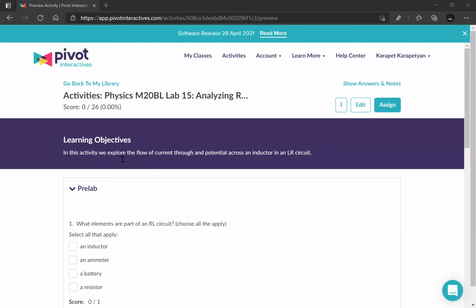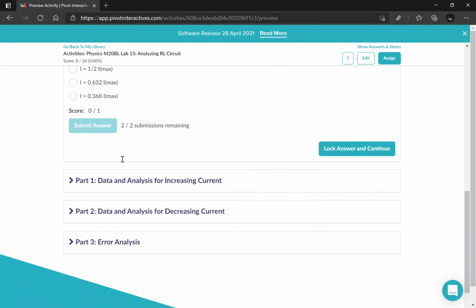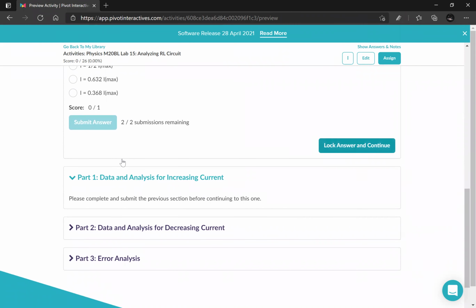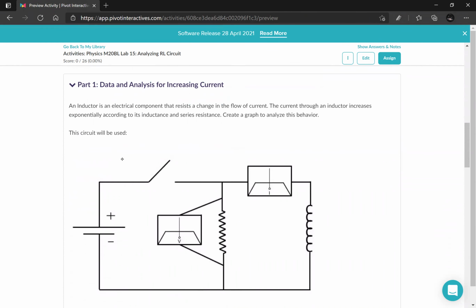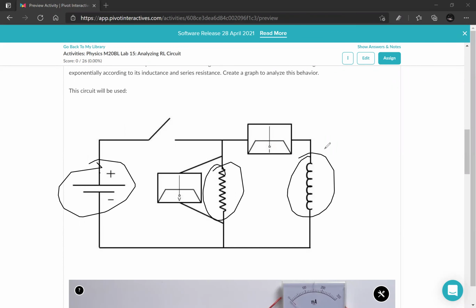All right, so here's the experiment. We're going to be analyzing the RL circuit, so there are some preliminary questions, and here's the experimental part. You can see the same circuit that I had on my whiteboard. We have the battery, the external resistor, and this is our inductor, the coil.